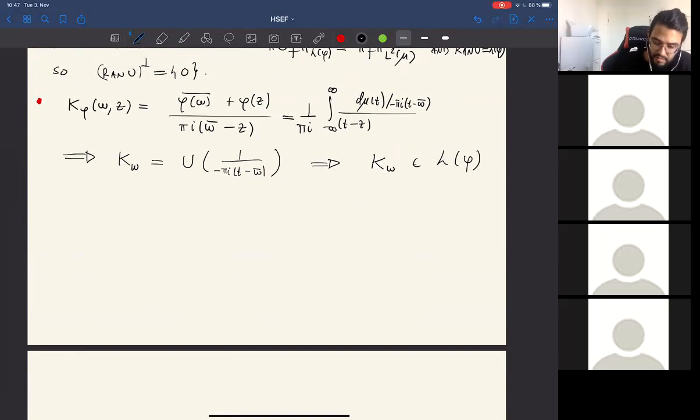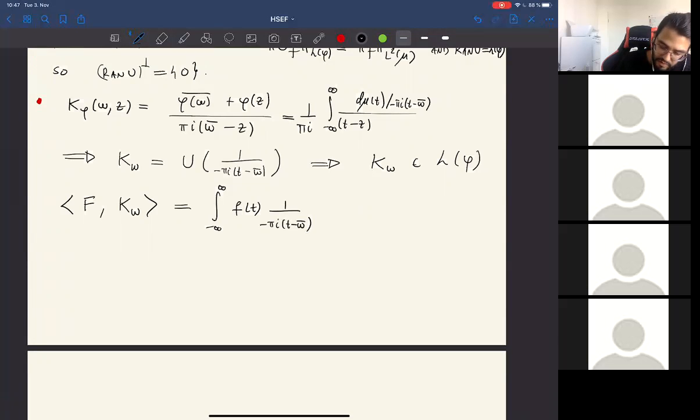And now, well, let me just compute the inner product. What would be the inner product of some capital F with k_w? Well, by definition, that would be the integral from minus infinity to infinity of the little f that represents F, which is f(t), and the little f that represents k_w, which we just computed is 1 over minus pi i (t minus w bar).